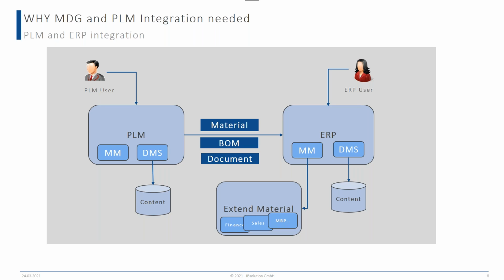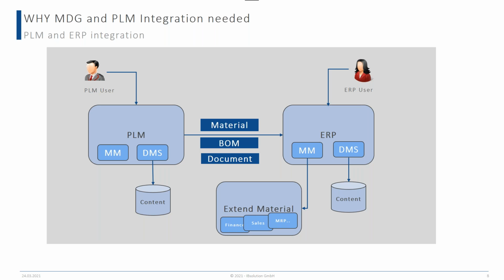MDG provides detailed governance, control, and data quality over the creation and update of material master data used in transactional, analytical, and reporting systems. A joint position of these products in a customer landscape will provide complementary benefits to our customers and a complete product data management solution.